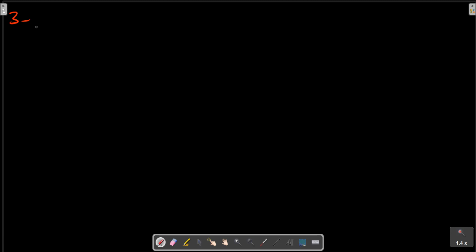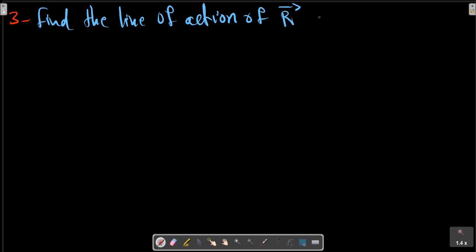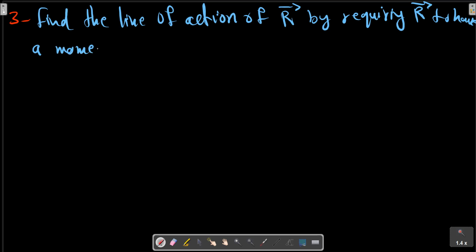In the figure, find the line of action of R by requiring R to have a moment of MO about point O.